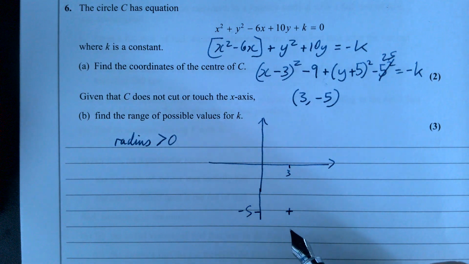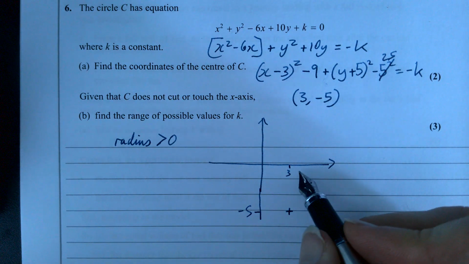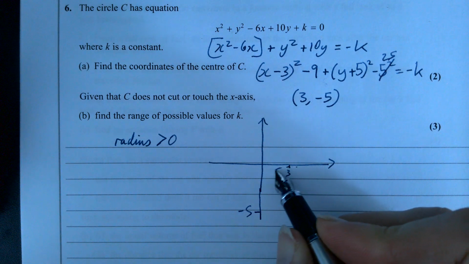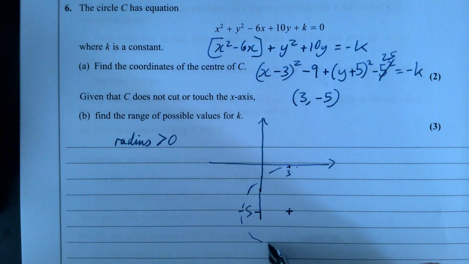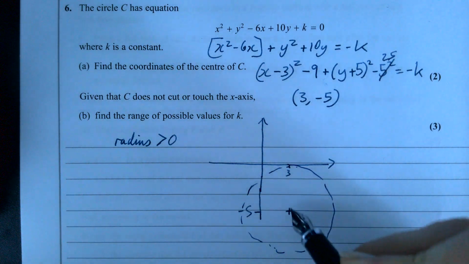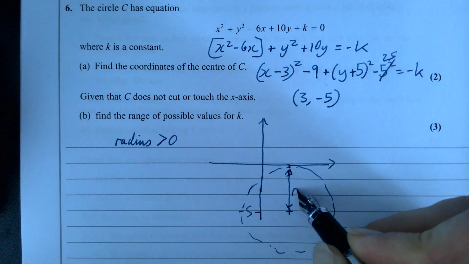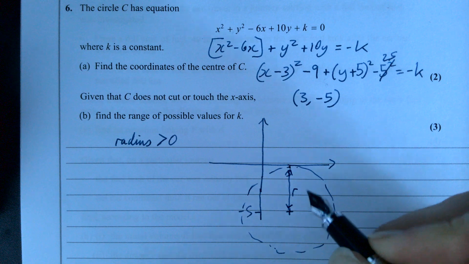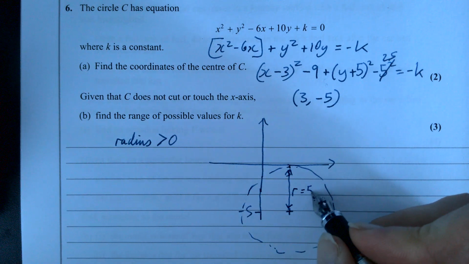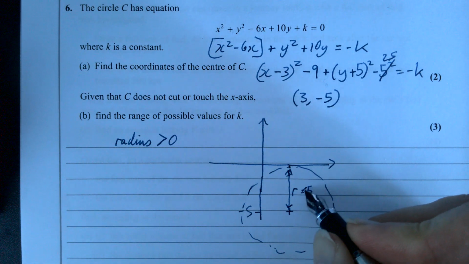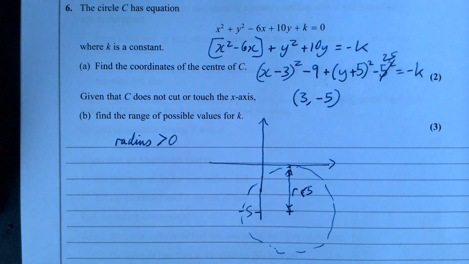Now, if the circle is not going to touch the axis, that means the radius can't be more than 5. In fact, it's got to be less than 5, hasn't it? If it's 5, it's going to touch the x-axis.